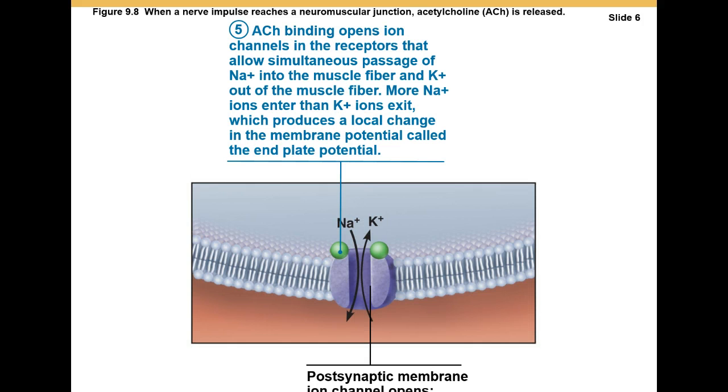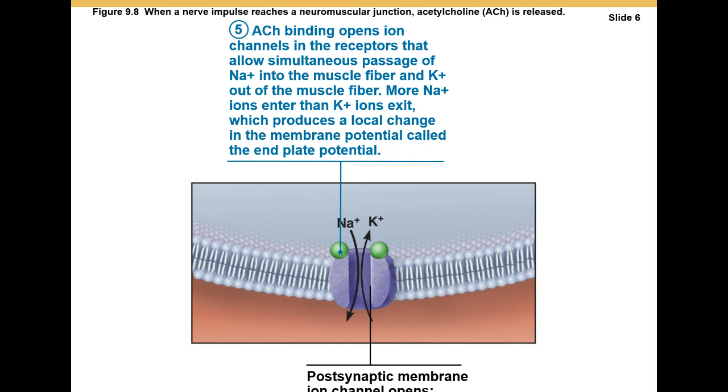So acetylcholine will bind to that receptor. As it binds to that receptor, it will open up. So this is actually a form of a chemical or ligand gated channel. It will cause this ion channel to open up and it allows positive ions to pass through it.